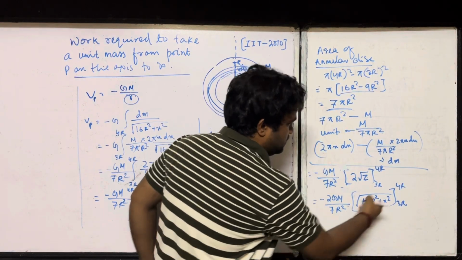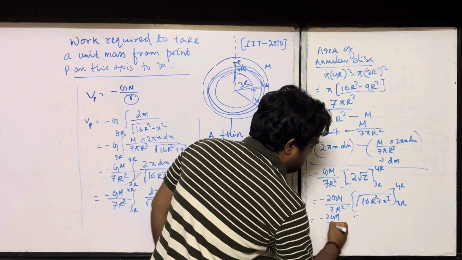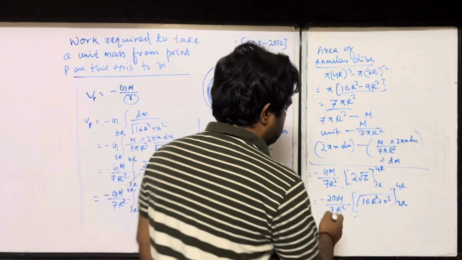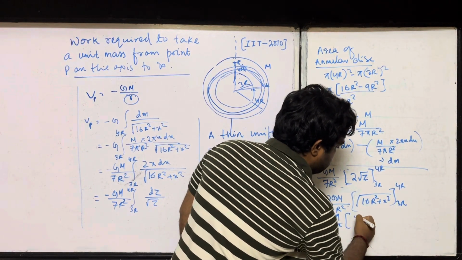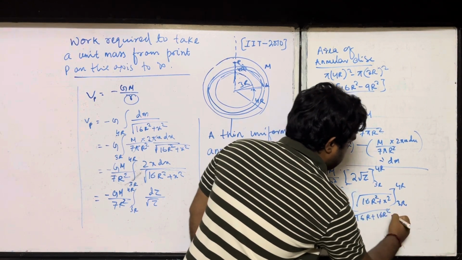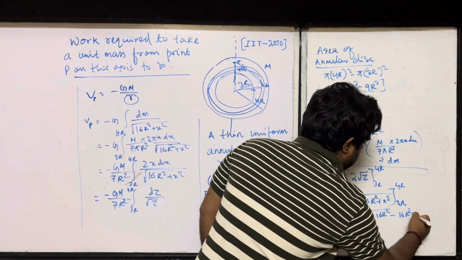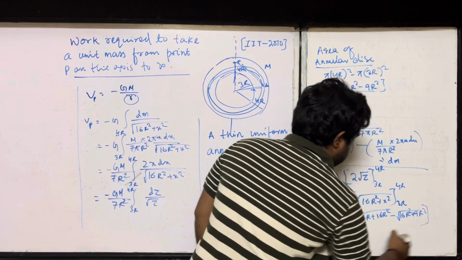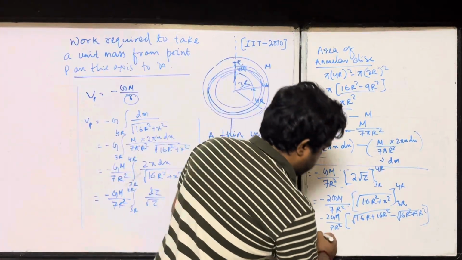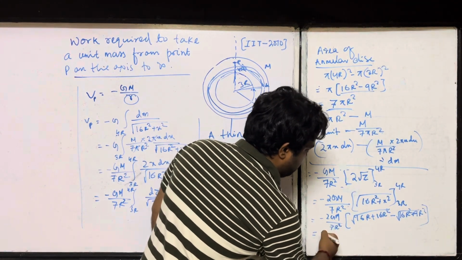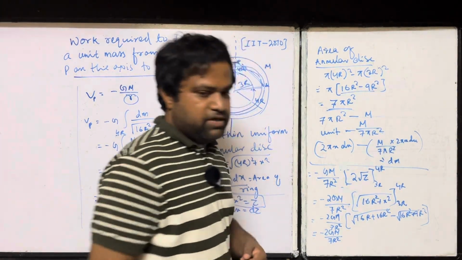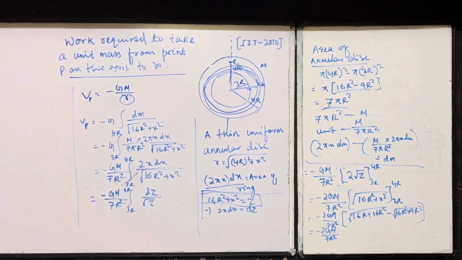Now just put the values: minus 2GM by 7 r square, and this is 16 r square plus x square with x as 4r, so under root 16 r square plus 16 r square, minus under root 16 r square plus 9 r square. Let me zoom it, else the things will not be clear.